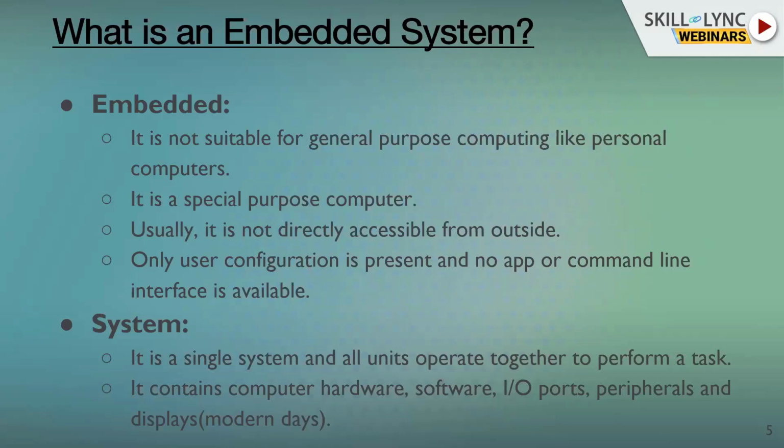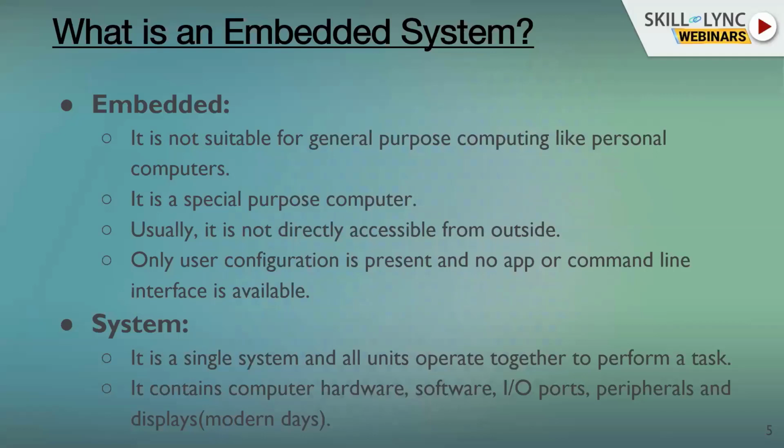And because you don't have to do general purpose computing, your system may not necessarily be accessible from outside. Obviously, you will have some way of connecting to the system. You will have some user interface, maybe some switches, maybe some lamps, indication lights, screens, whatever.